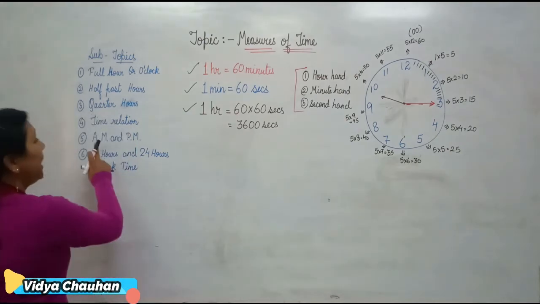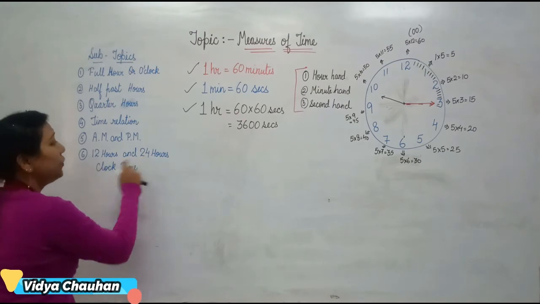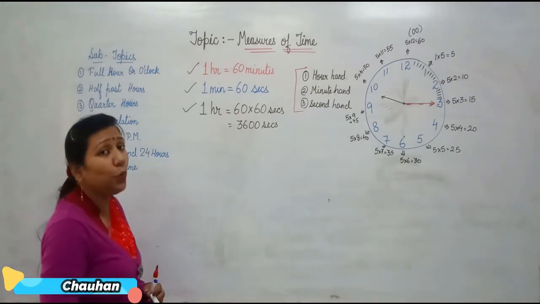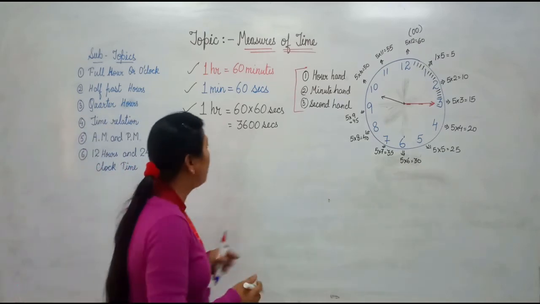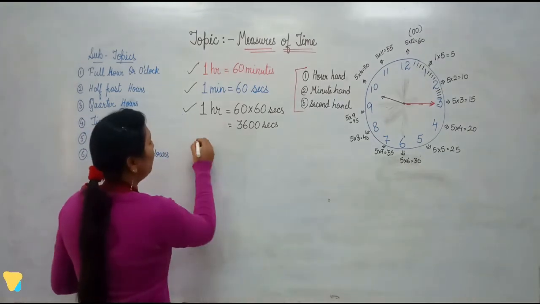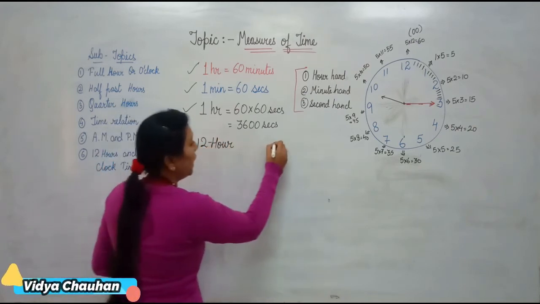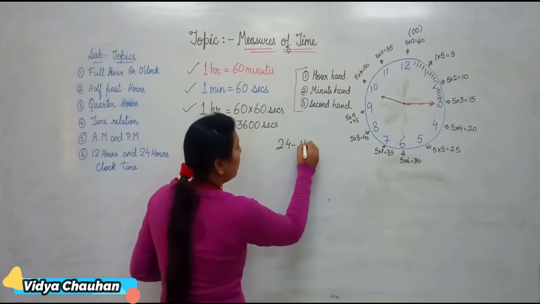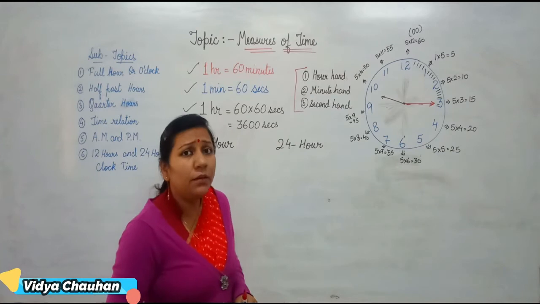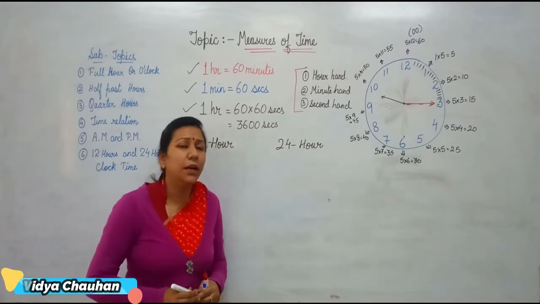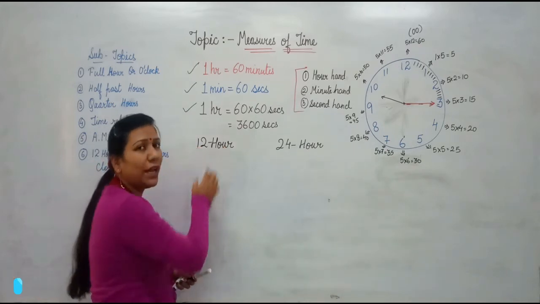After this, we have already discussed what is AM and PM. Now the last topic today which we are going to discuss is the 12-hour clock and 24-hour clock. Students, the common method of writing the time is basically the 12-hour clock.